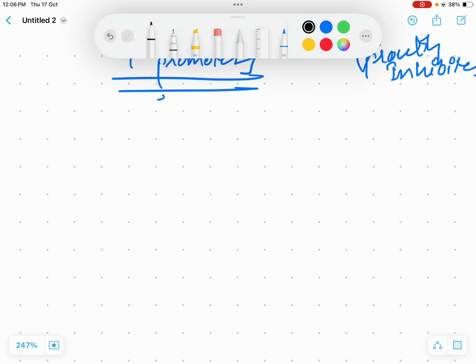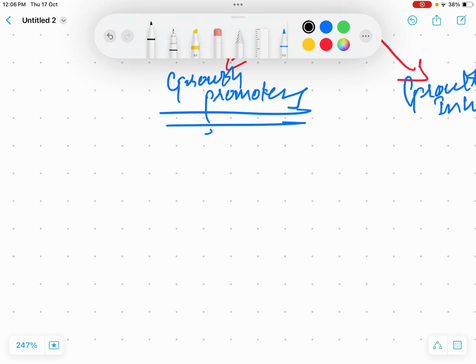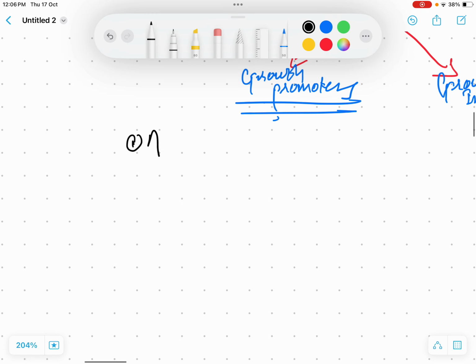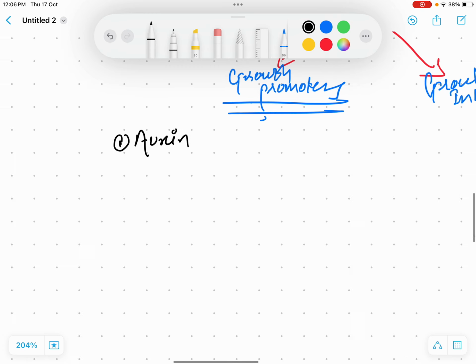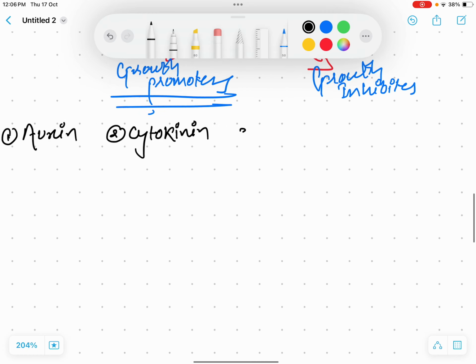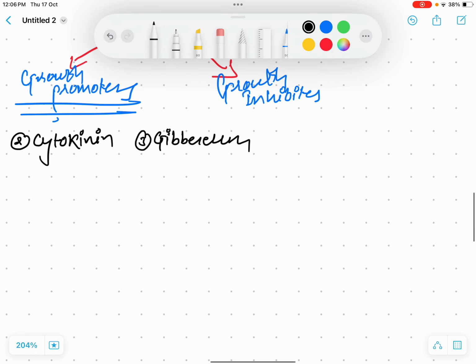In growth promoters, we can find auxin, cytokinin, and gibberellin. Let me draw a table.